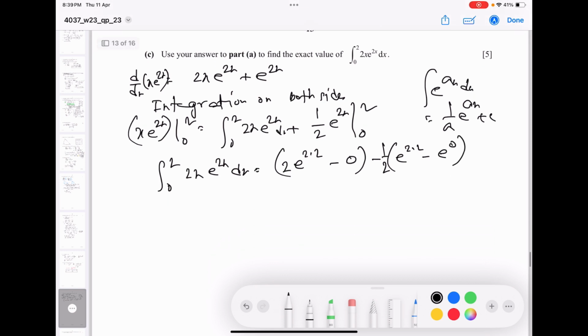Okay, let me simplify. 2 e to the power 4 minus 0 minus half e to the power 4 plus 1. Sorry, plus half. So this is becoming 2 minus half, that is 3 by 2 e to the power 4, then plus half. So this is the exact value.